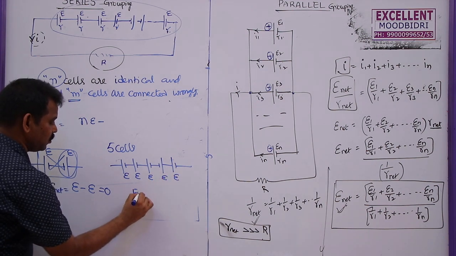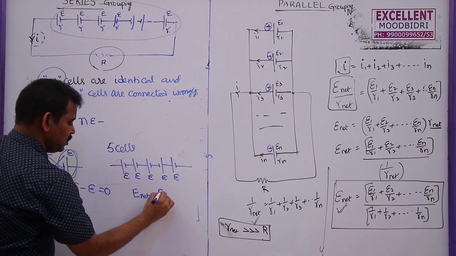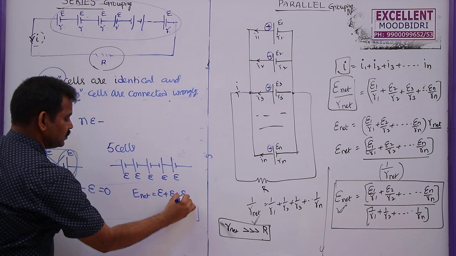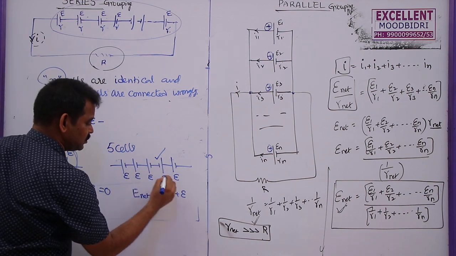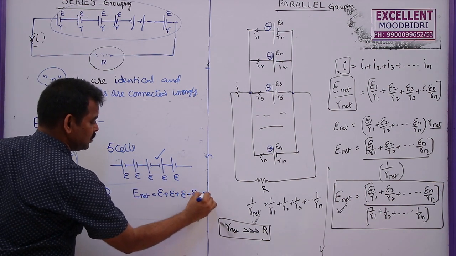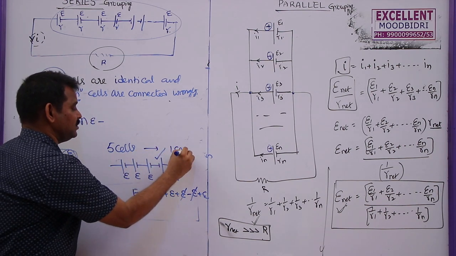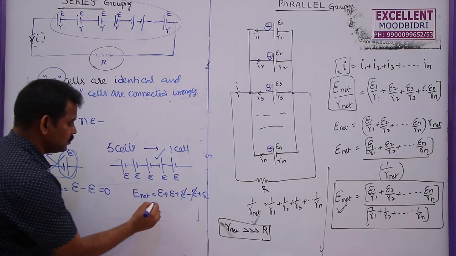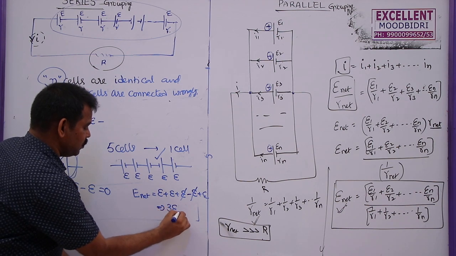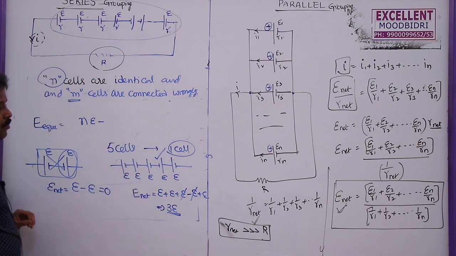So what is the net or equivalent EMF in this combination? We can write this as E plus E plus E, and as it is connected in the wrong polarity or reverse sense, we can write minus E plus E. So whenever out of 5 cells one cell is connected wrongly, the effective EMF will not become 4E. Instead of that, this will become 3E only. That means one cell will spoil one more cell in the series combination.